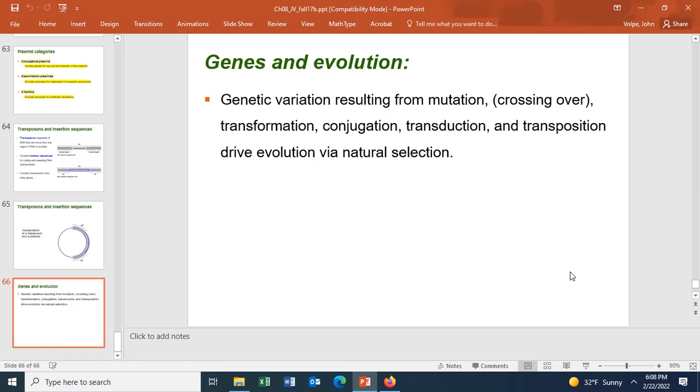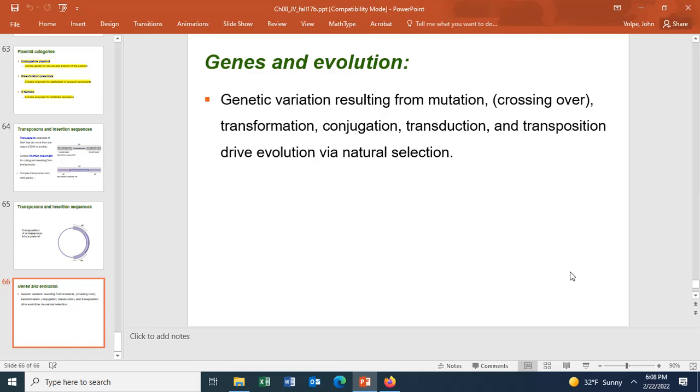And I already gave you an example. 10,000 years ago, humans only had the gene for brown or brownish eyes. But 10,000 years ago, through spontaneous mutation, humans obtained the blue-eyed gene through a mutation.